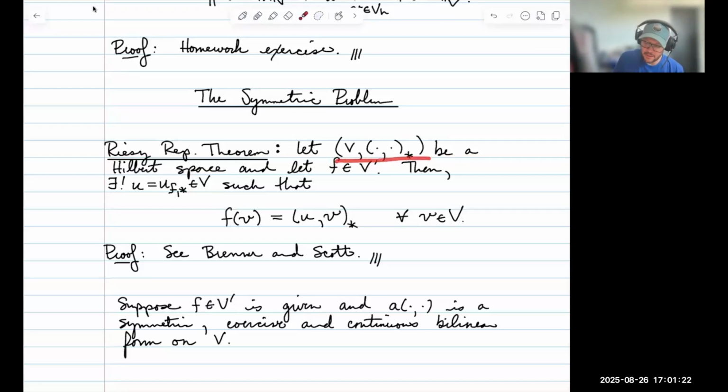Okay, but I'll get on to that in a second. So let V be a Hilbert space with this particular kind of inner product we're going to call the star inner product. Now this might be different than the usual inner product on the space V. And we're going to let F, as usual, be a bounded linear functional. Then there exists a unique U, called the representer of F, in V such that F of V is equal to U against this test function V for all V in the space.